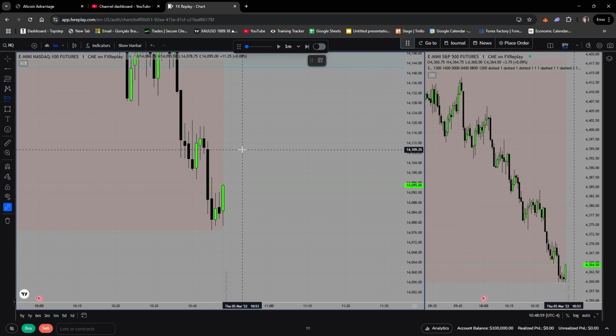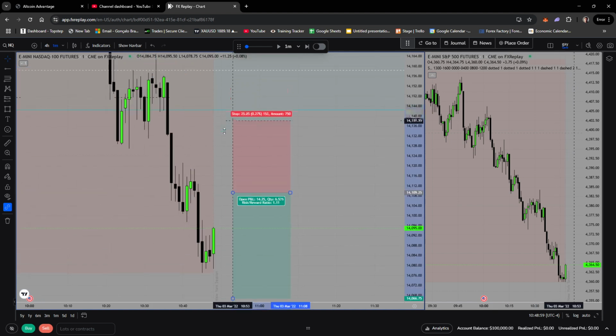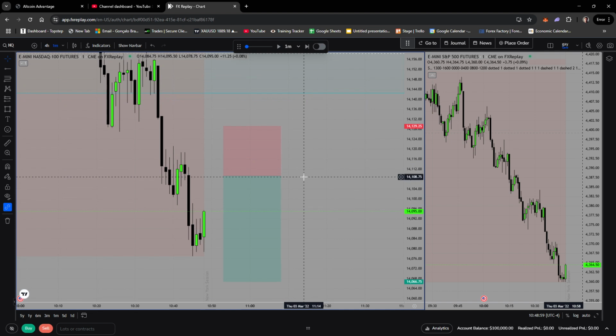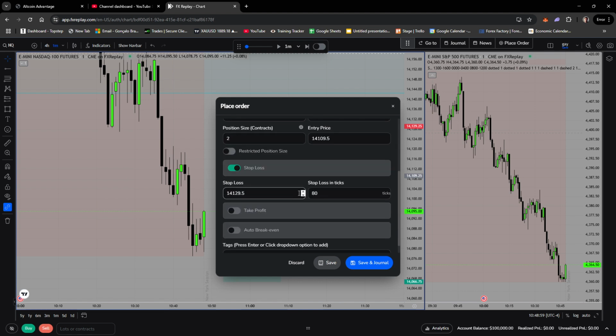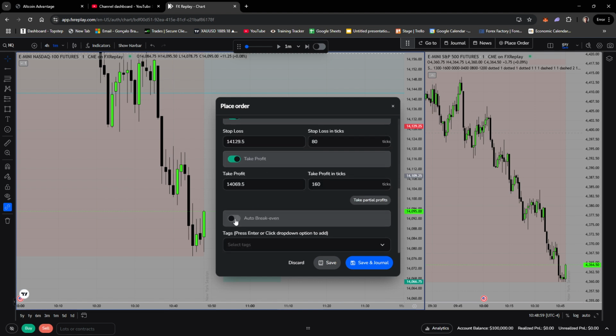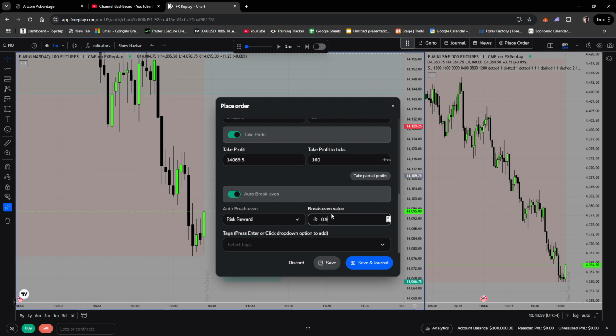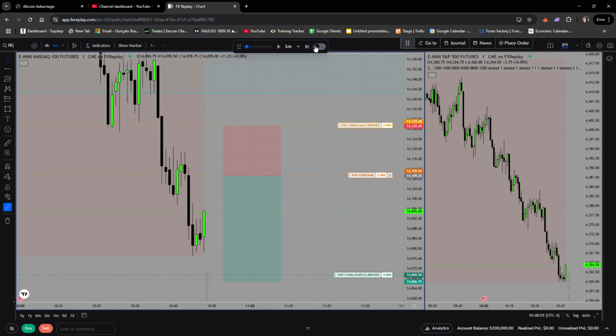It opened up strong here. So if it wants to continue, it will. Let's try this. Stop loss, 800s, 20, auto. Let's go.